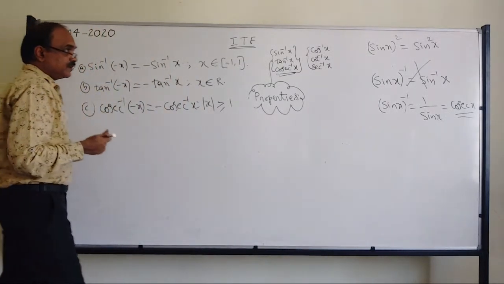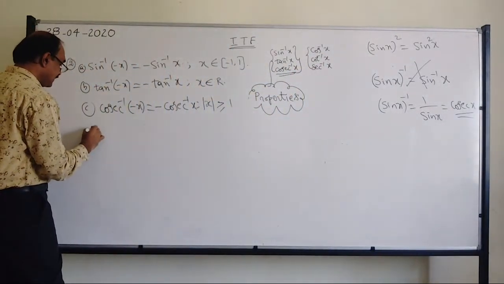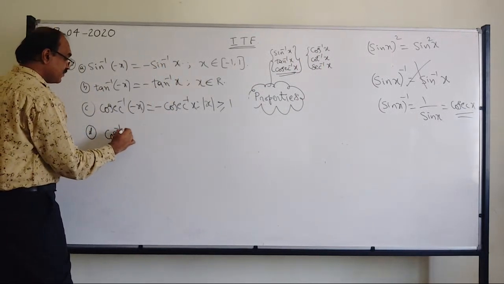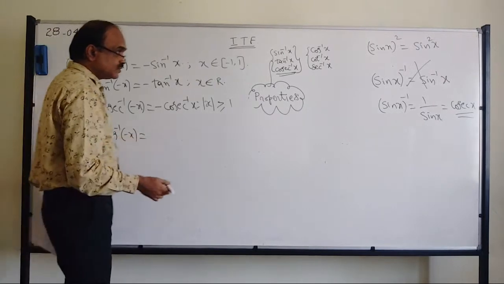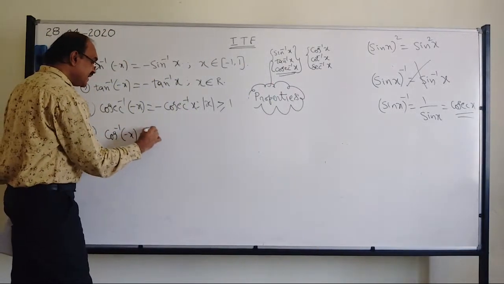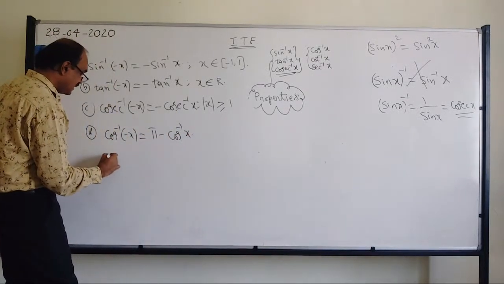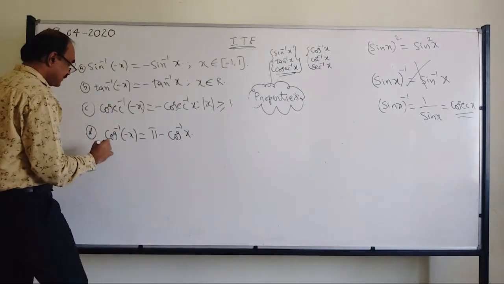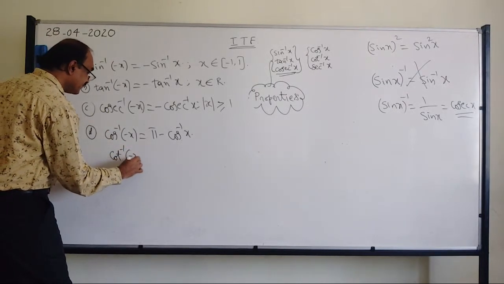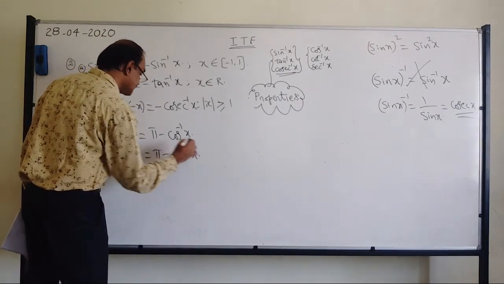Now the other group, that is this one. For this one, you get it like this: A, B, C, D. Cos inverse of minus x, using the unit circle, you will get pi minus cos inverse x. Then cot inverse of minus x is also pi minus cot inverse x.